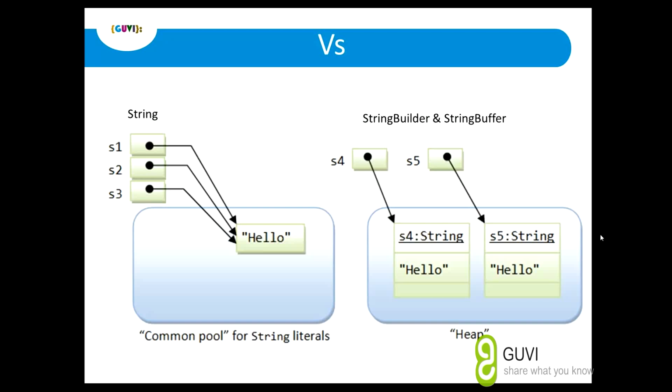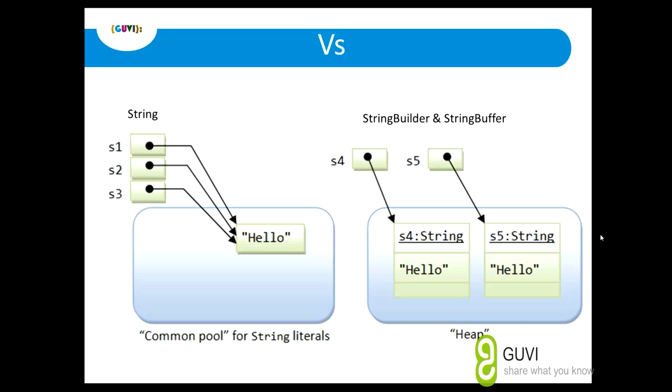To specify this more clearly, string is used to manipulate characters that cannot be changed, and that is read-only and immutable. Whereas StringBuffer or StringBuilder is used to represent characters that can be modified, and so it is mutable. Clear?